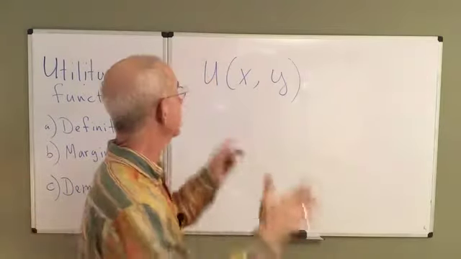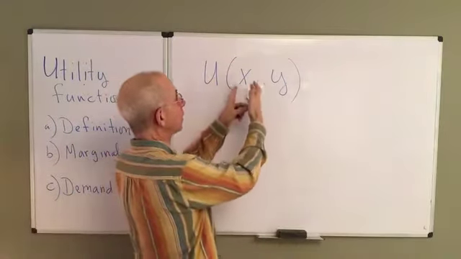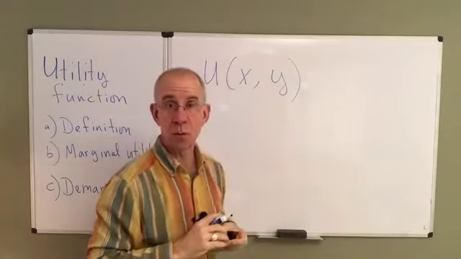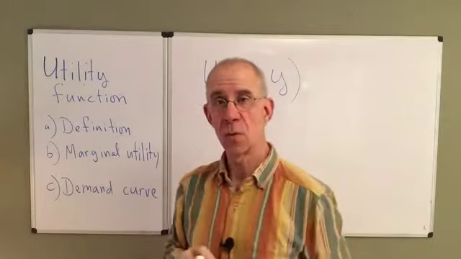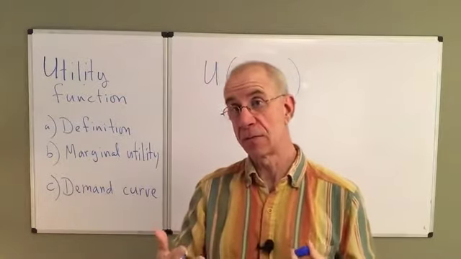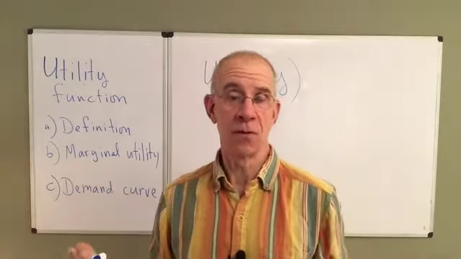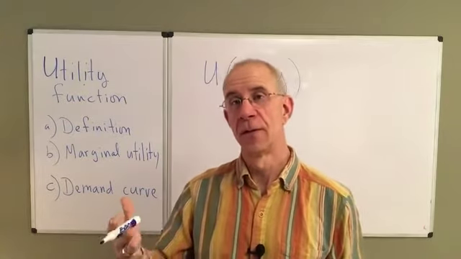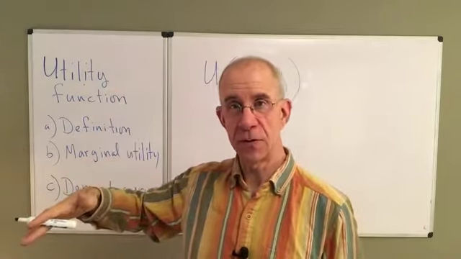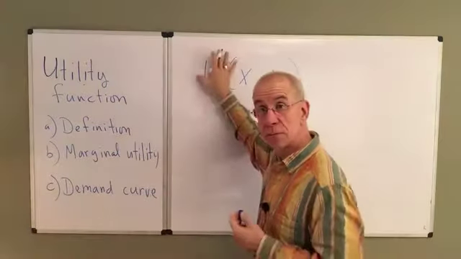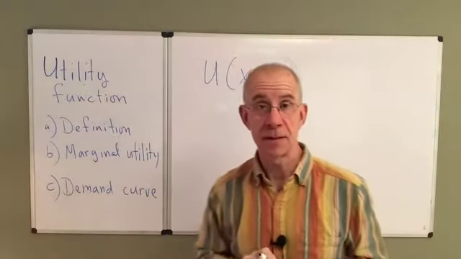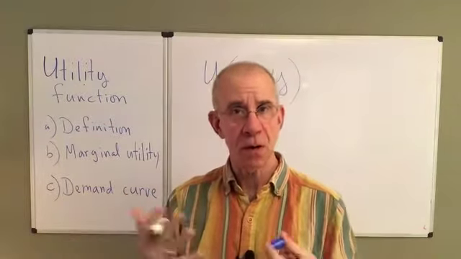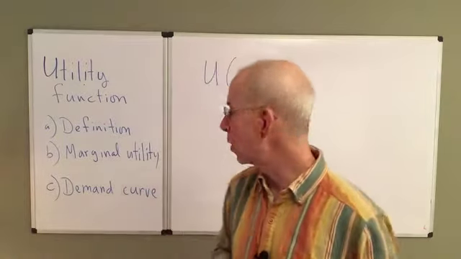We just say that happiness depends on how much consumption of good X and how much consumption of good Y the consumer will get. Now, this is when you use indifference curves, for example. Those are drawn for a given level of utility, which really has at its basis this concept of a utility function. So when we talk about indifference curves, that's going to be an important role.